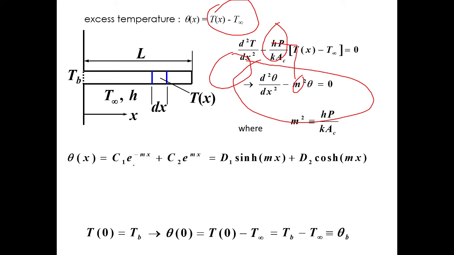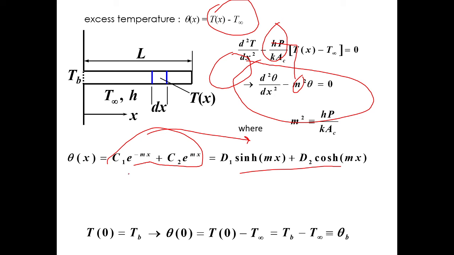When we further simplify, e raised to the power mx plus e raised to the power minus mx upon 2 is cosh mx, and e raised to the power mx minus e raised to the power minus mx upon 2 is sinh mx. So after converting, we get the equation D1 sinh mx plus D2 cosh mx.